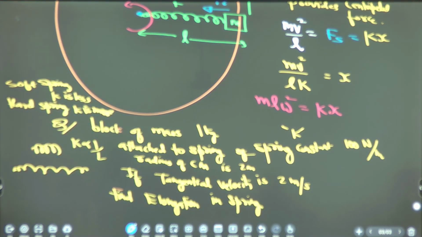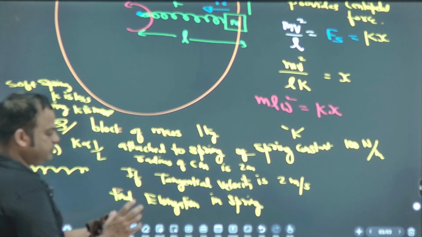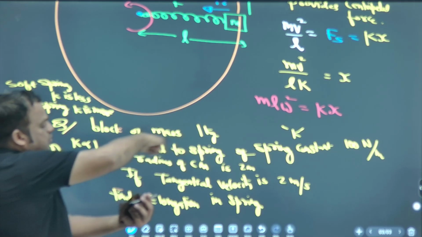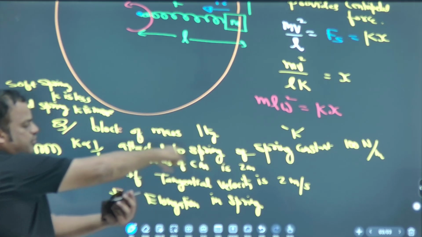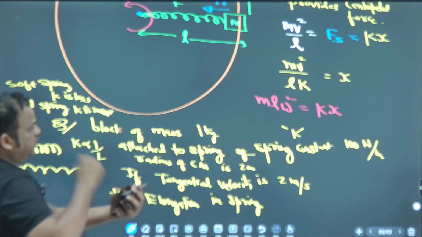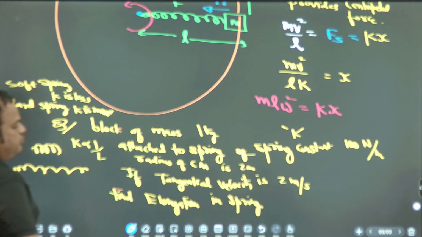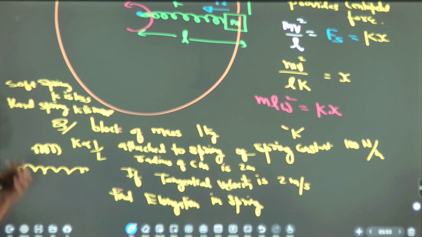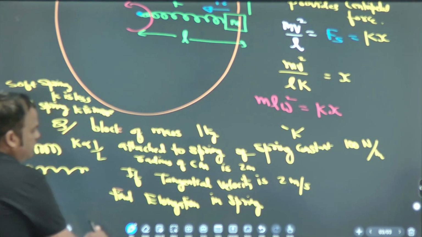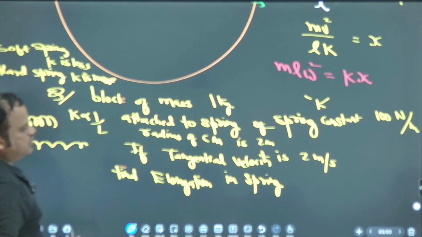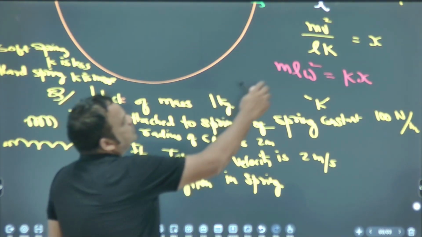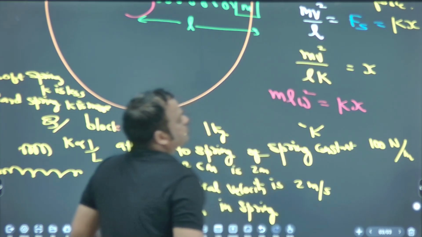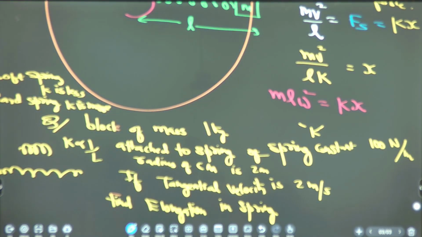So there is a spring here. Particle is performing circular motion. So use the formula mv square by r is equal to kx. Use this. Tell me what is the answer.